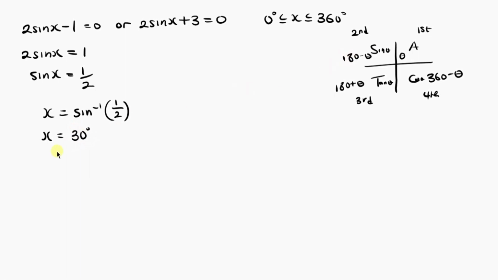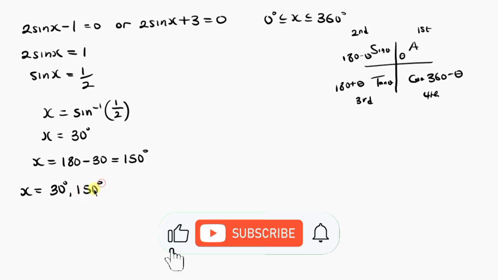So our next value for S is going to be equal to 180 minus, remember, our theta is 30 because it falls within this first quadrant range. So 180 minus 30 gives us what? 150 degrees. So our values for S on this equation are S equal to 30 degrees and S equal to 150 degrees.